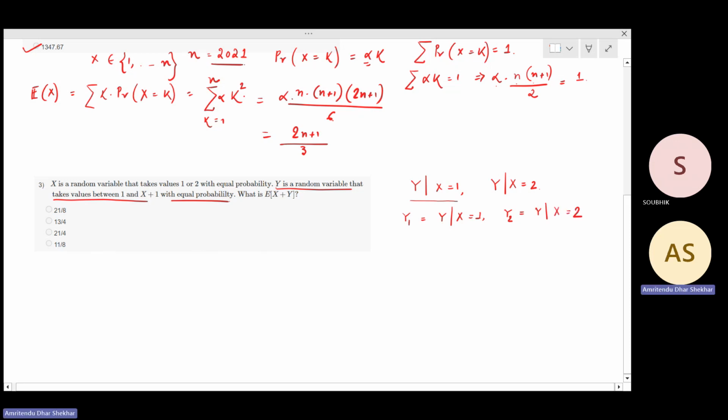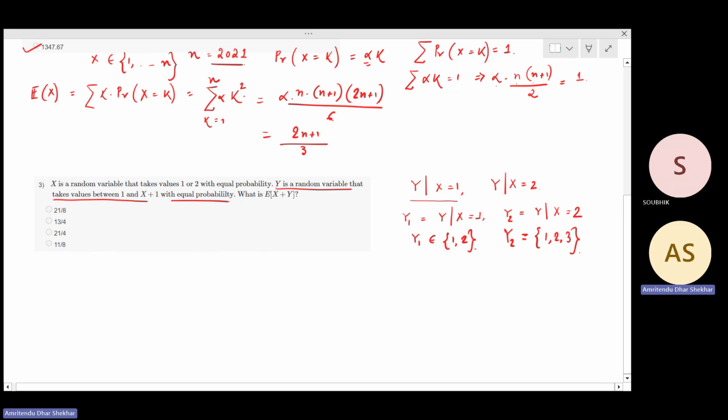So y1 can take values 1 and 2, and y2, when x equals 2, can take values 1, 2, and 3, again with equal probability.